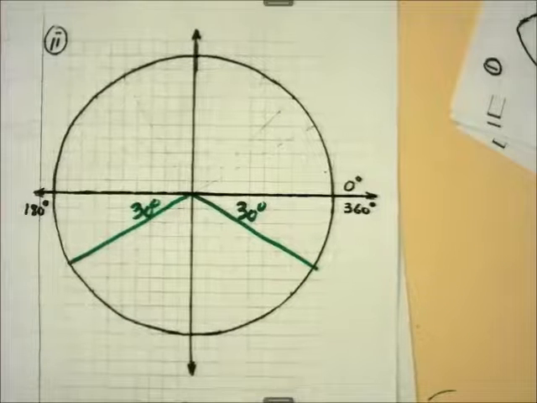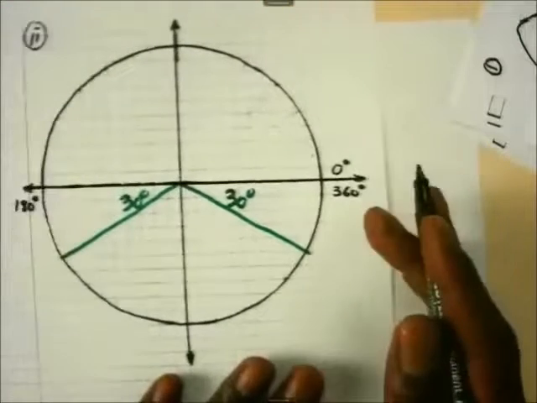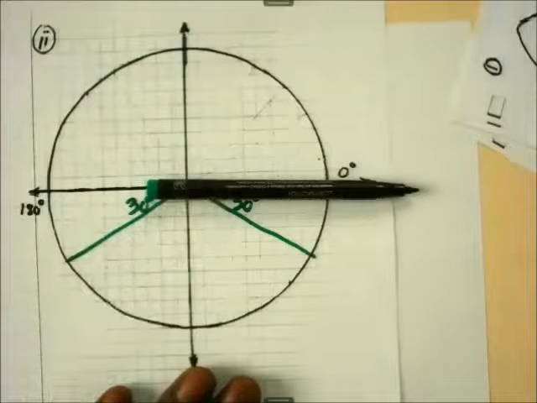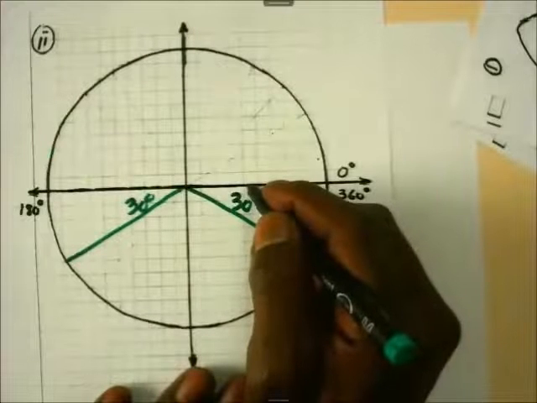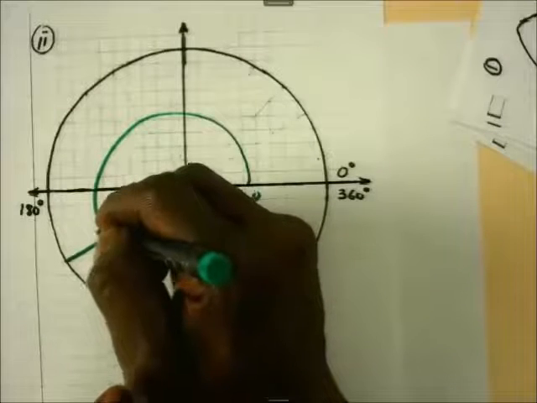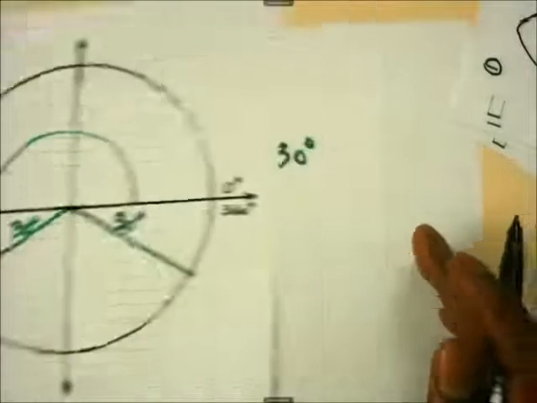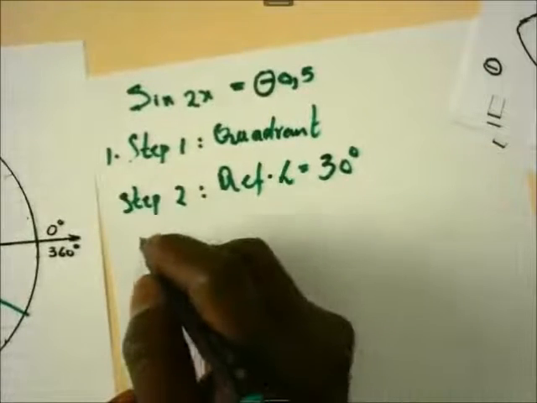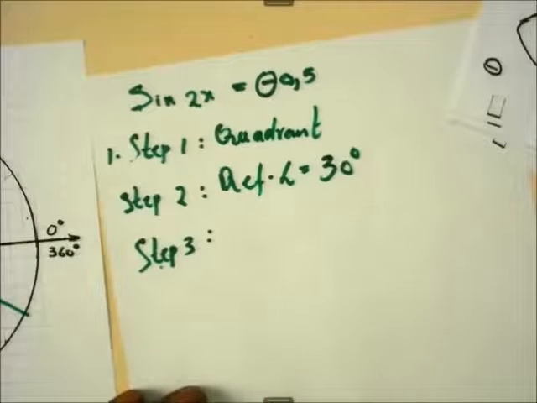Now, to find the solution, we must start from the marker there, and we count the angle from there. Once we touch that arm, we must count the angle there.